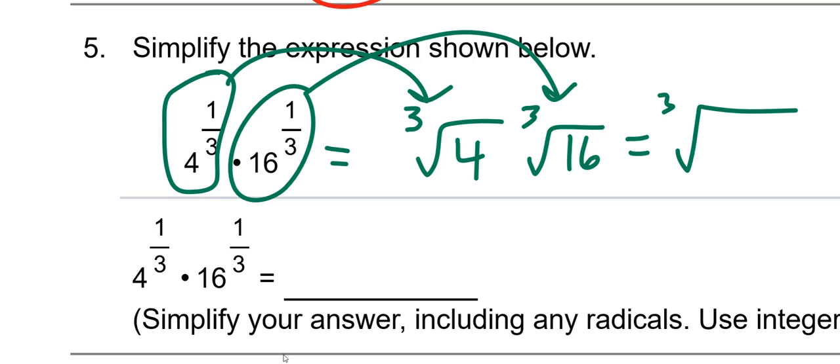It's not the cube root of 4. 4 times 16 is not 4. What is 4 times 16 again? 64. Now, what is the cube root of 64? 4.